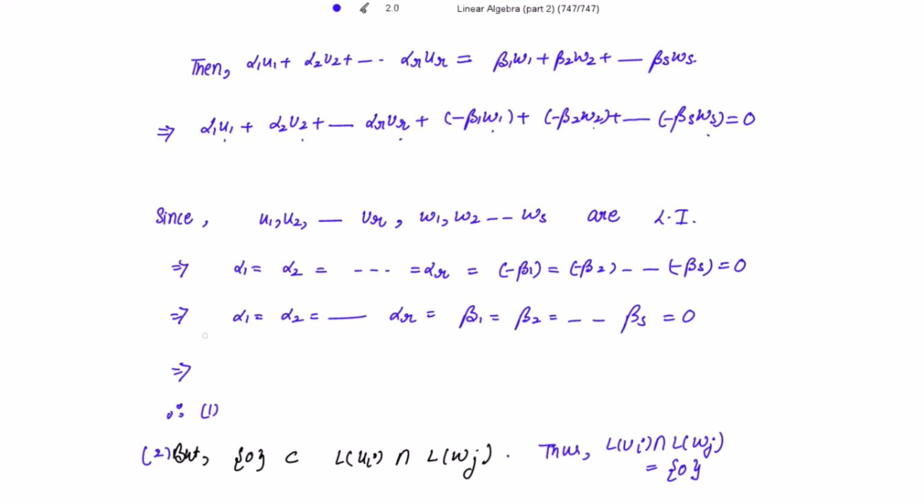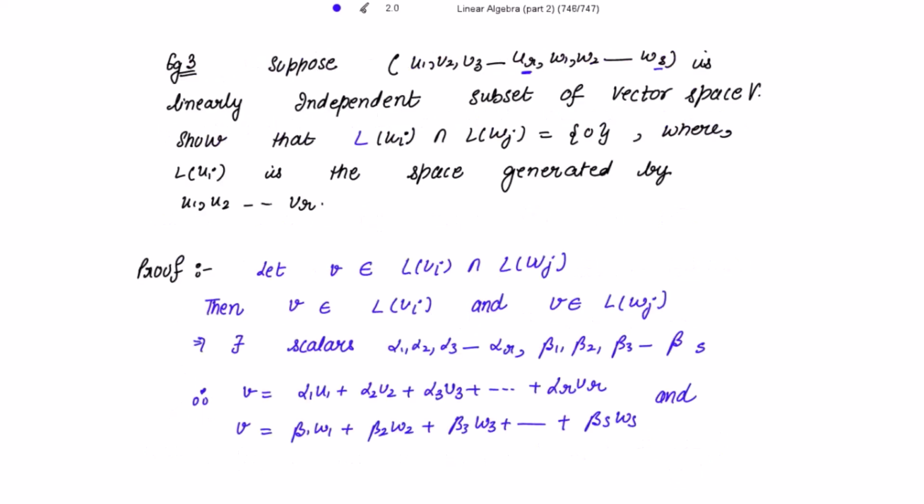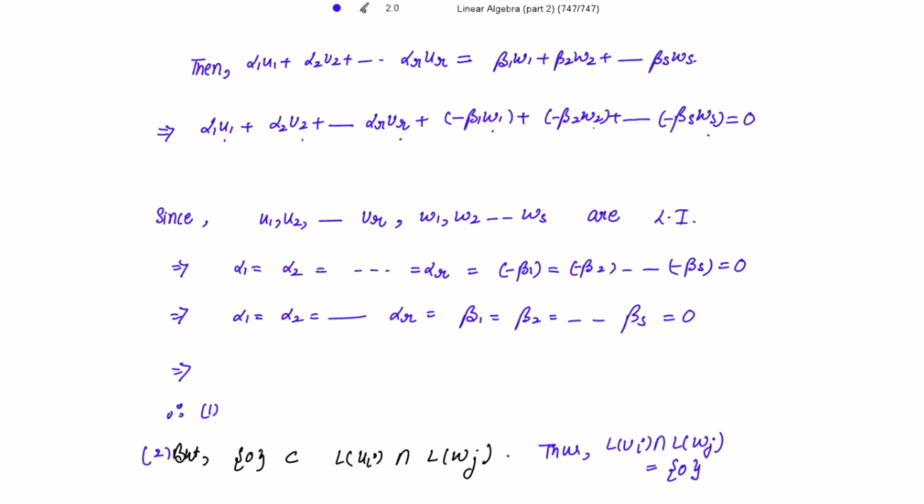Yes. So all these alphas and betas are equal to 0. But V is equal to the linear combination. Now as all these alphas are 0, and all these betas are 0, V is equal to 0. So V is equal to 0.